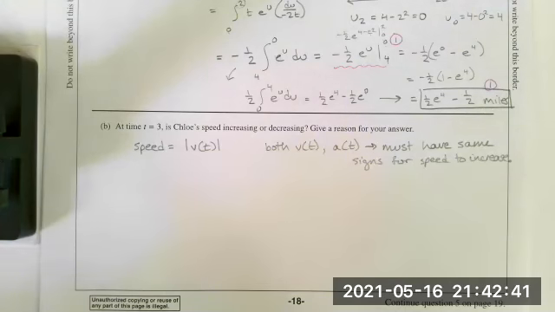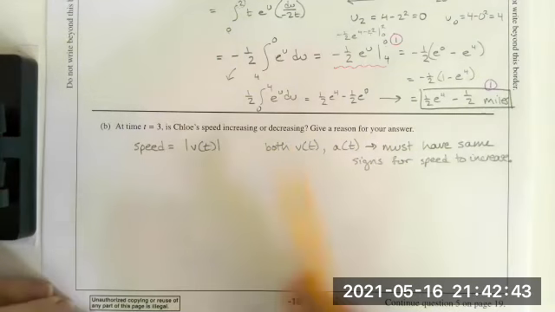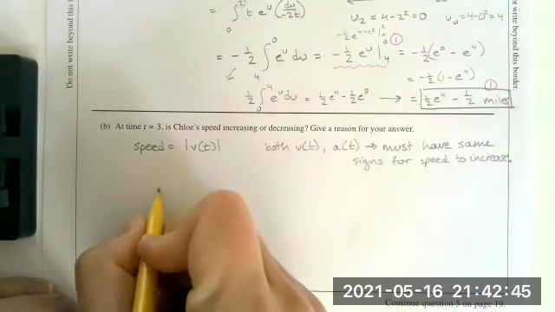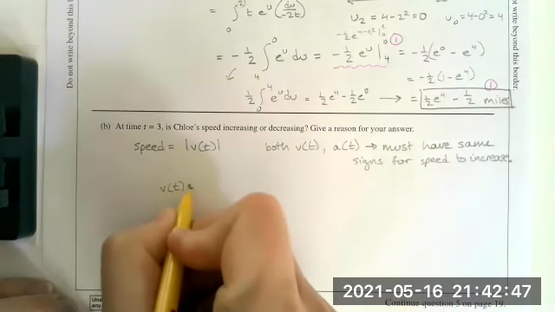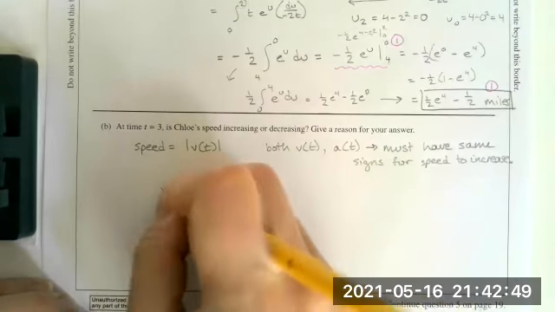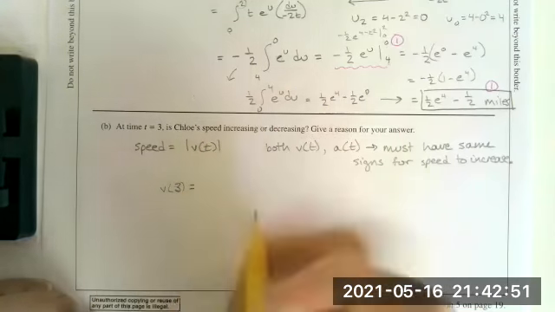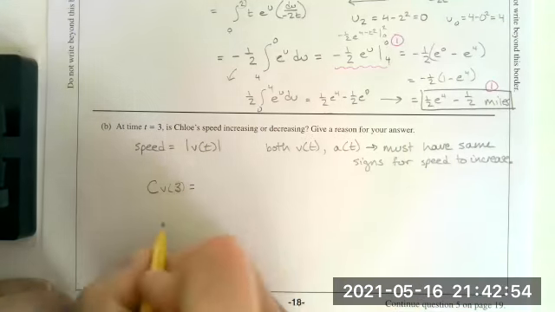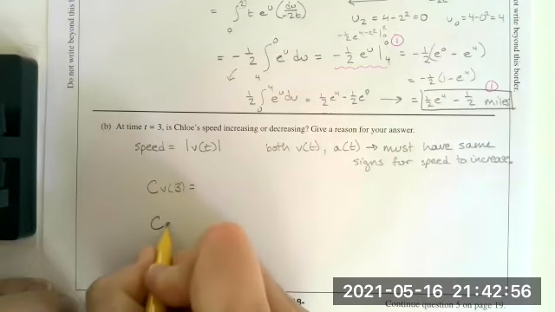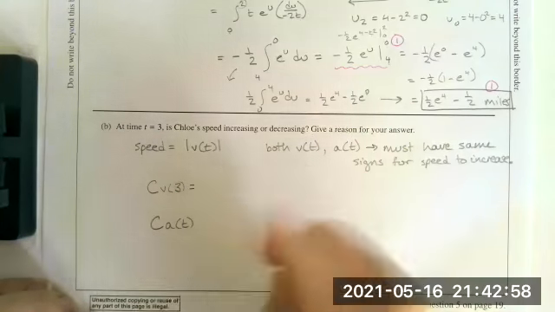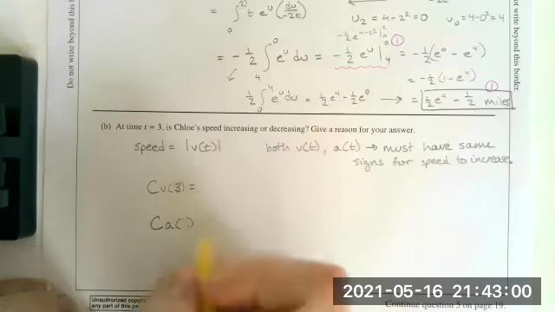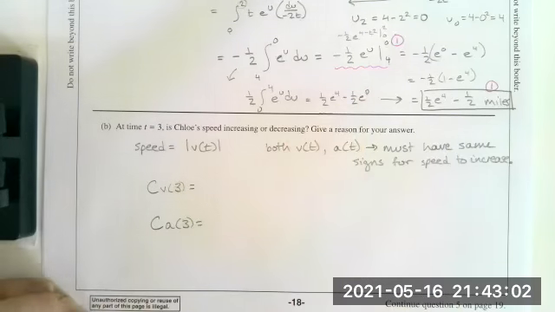So to answer part B, is Chloe's speed increasing or decreasing? We need to look at Chloe's velocity at 3, and we need to look at Chloe's acceleration. Gosh, I keep writing t instead of 3.